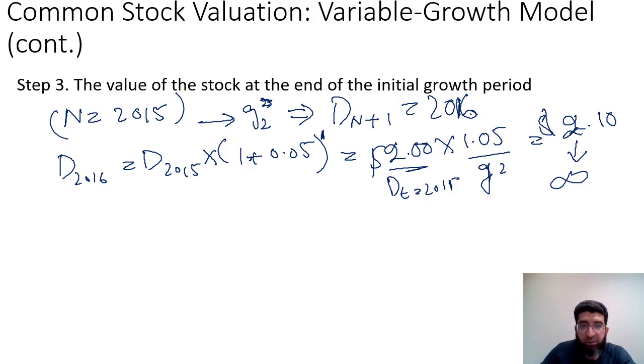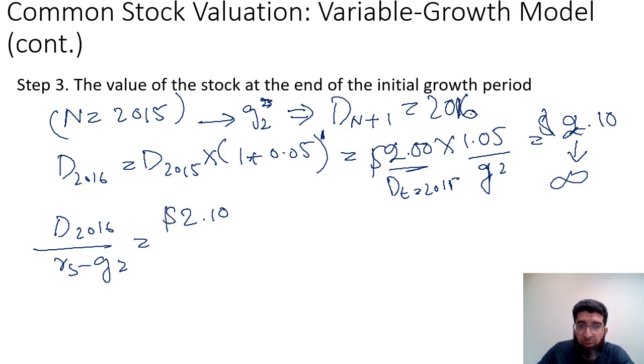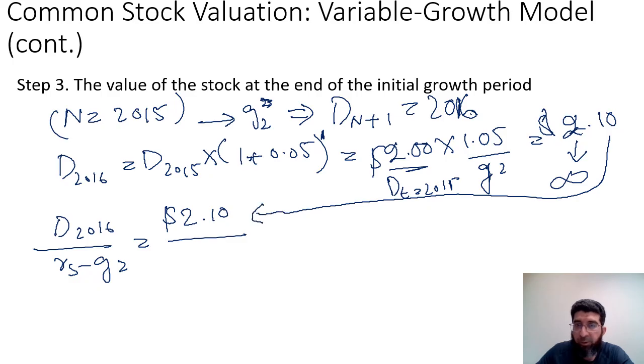In order to do this, we take D_2016 and divide it by r_s minus G2, and this will be $2.10, which comes from here, and then we have r_s, which is 15%, minus the second growth rate, which is 5%.